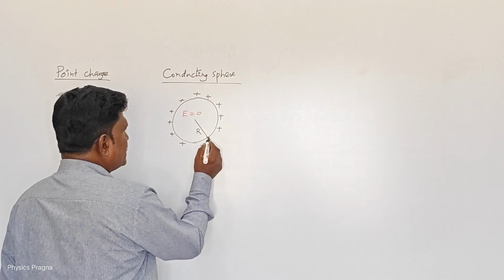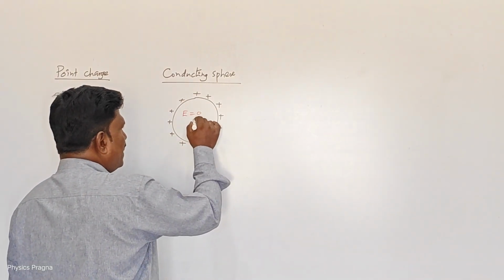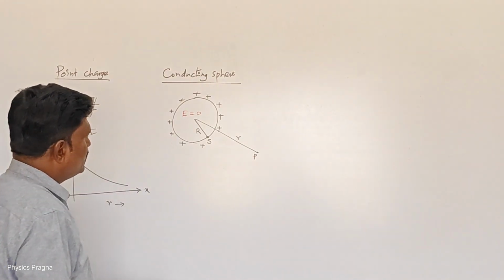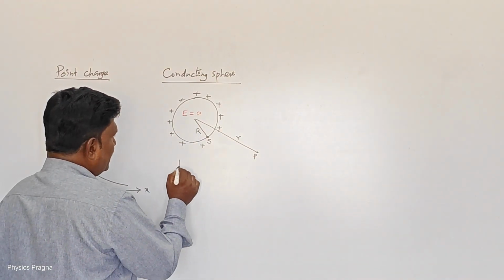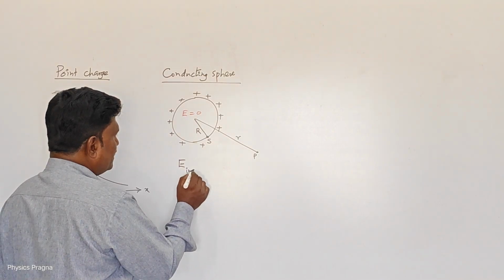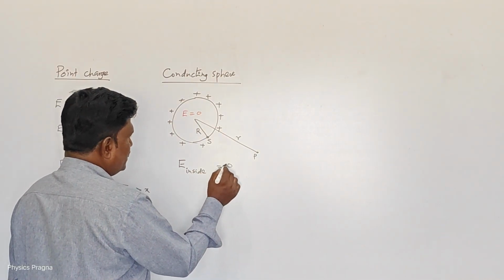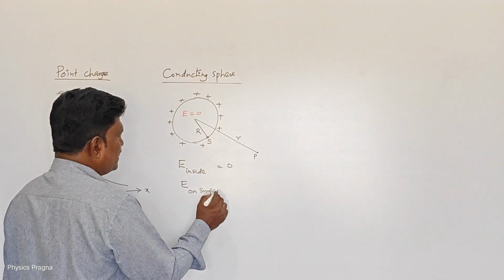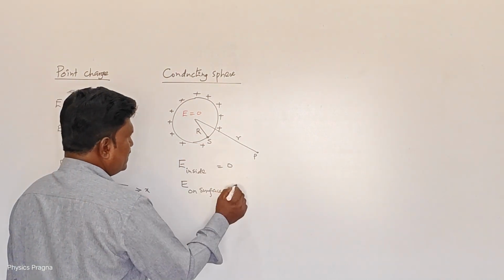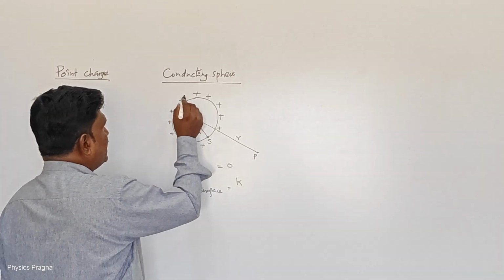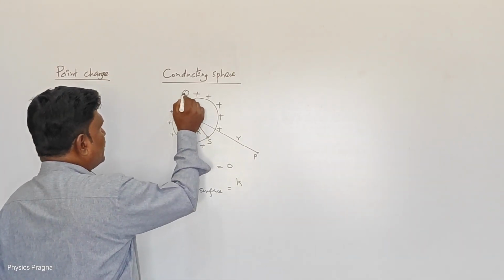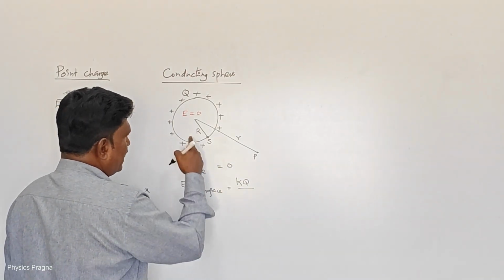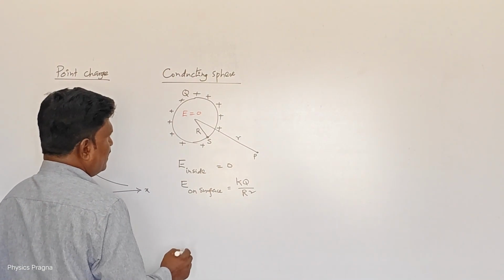This is a point on the surface of a sphere, and another point I will take at r distance, this point P. So the electric field inside is equal to 0. The electric field on the surface of the conducting sphere is K, let us take the charge here as capital Q, kq by the radius R square.